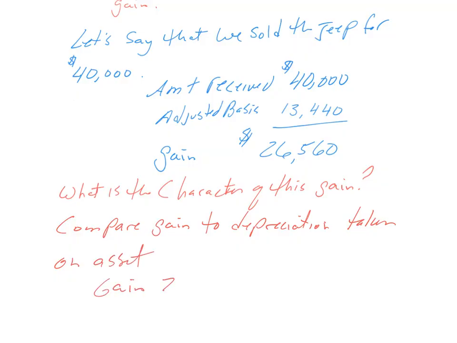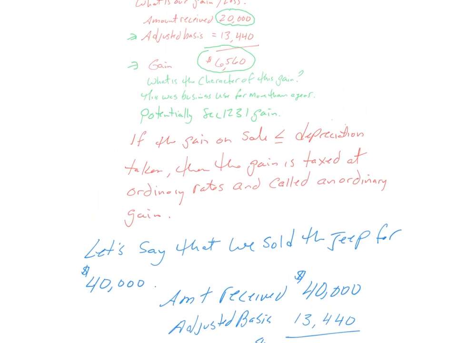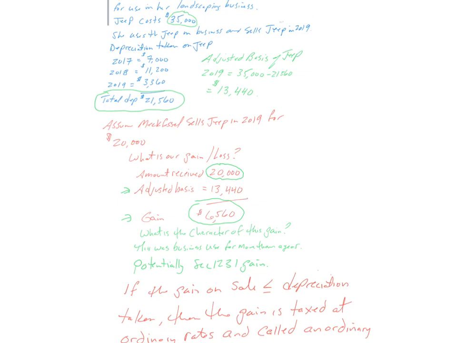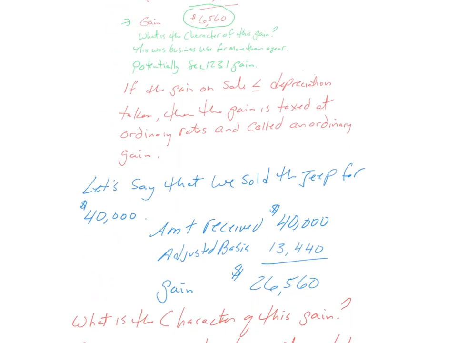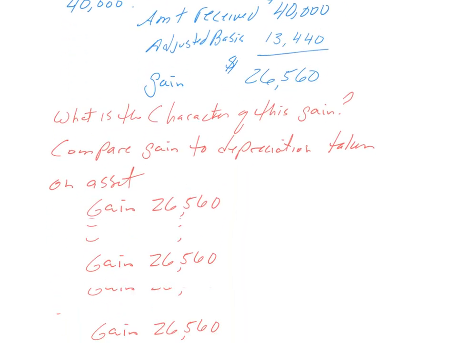So our gain is $26,560. And the amount of depreciation we took throughout the year is $21,560.